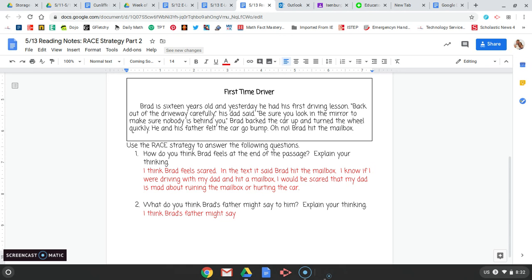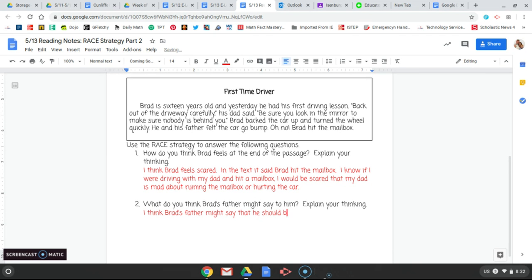But then I don't really think his dad would be mad because it's his first time driving, right? So I think Brad's father might say that he should be more careful, but it's okay. I don't think his dad would really be mad.